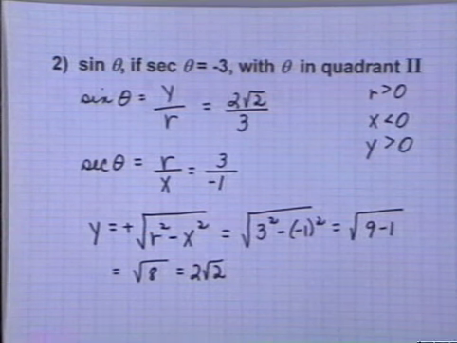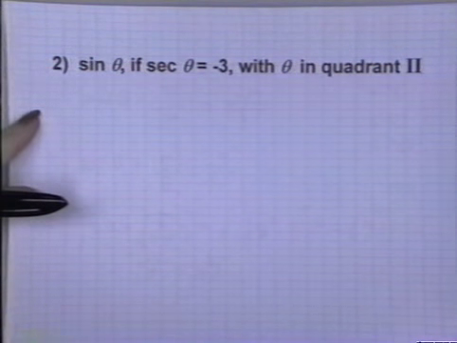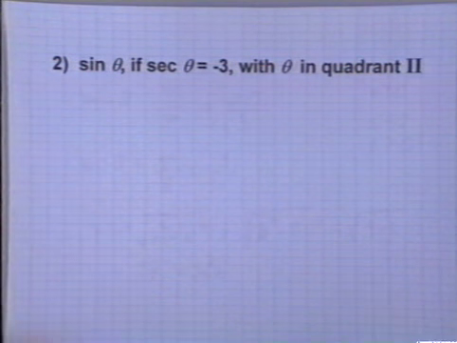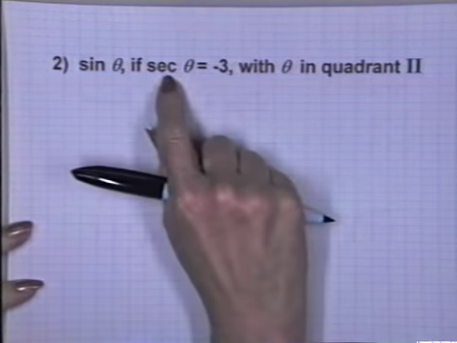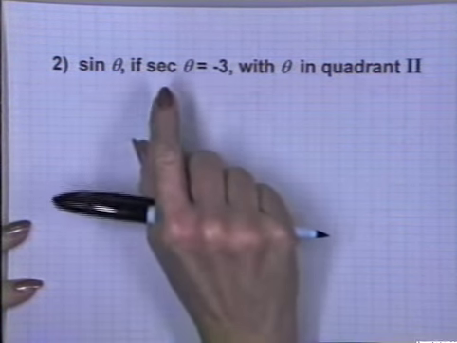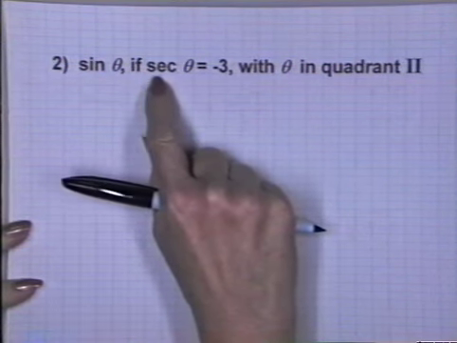Now let's look at this. Instead of using the x, y, and r method, let's use some of those identities. Okay, if you're asked to find this using the Pythagorean identities or the quotient identities or the reciprocal identities, when you see that you're given the secant of theta, you should know that there are two things that you can find fairly easily.